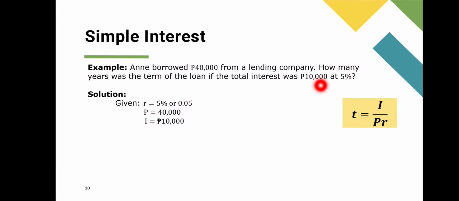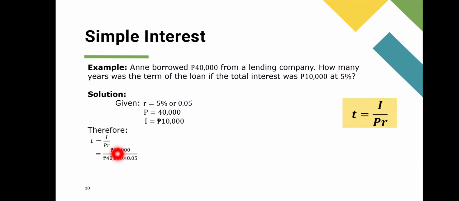So we substitute all this information in our formula. So that is time equals interest over principal times rate. So that is interest is 10,000 pesos divided by principal is 40,000 pesos times rate, that is 0.05 or 5%.